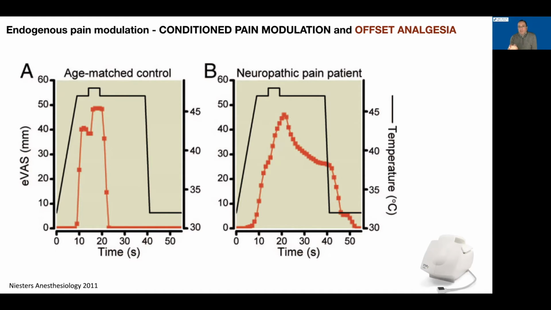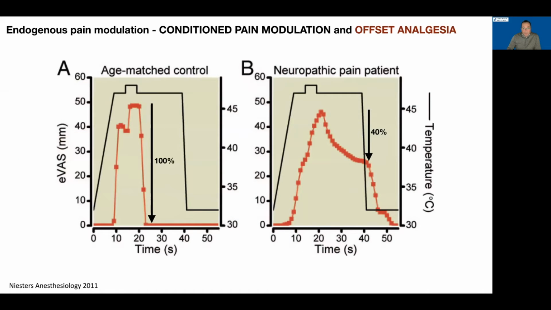And what is so interesting is that if you look at neuropathic pain patients, this is a general observation, this is not segmental, but on any part of their skin, even away from the part where they feel neuropathic pain, you can see that they're unable to engage this endogenous pain modulation, this offset analgesia, as they, after the temperature has decreased by 1 degree Celsius, are unable to engage analgesia. The pain slowly goes back to the initial pain value. Very interesting observation, very simply performed with the TSA2, and it gives you a lot of information.